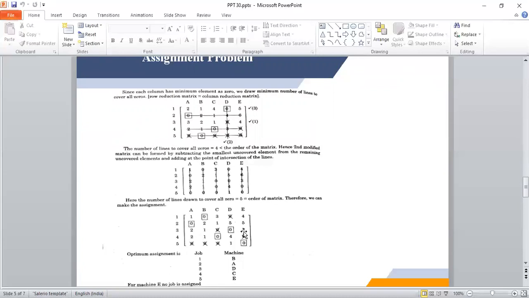So suppose job 1 is allocated to B, then the first row and the column corresponding to machine B is deleted. Similarly, if you proceed, you will find that job 1 is allocated to machine B, job 2 is allocated to machine A, job 3 is allocated to D, job 4 is allocated to C, and job 5 is allocated to E.